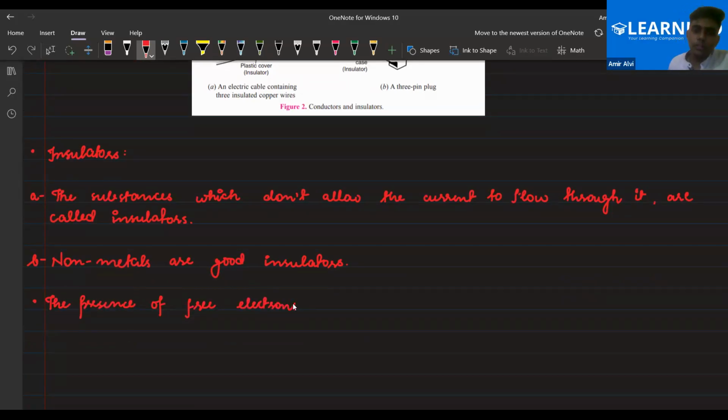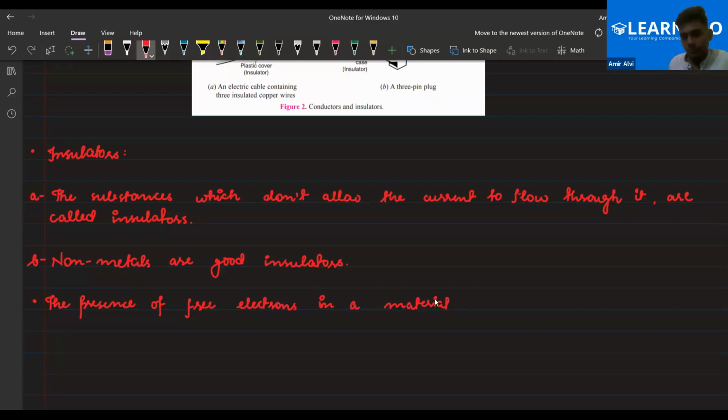Presence of free electrons. If a material has free electrons, then it can be considered a conductor.